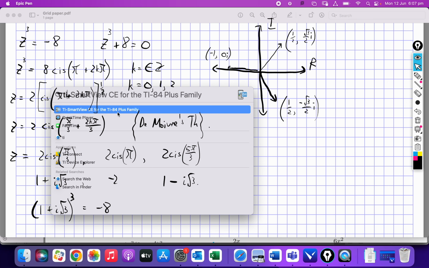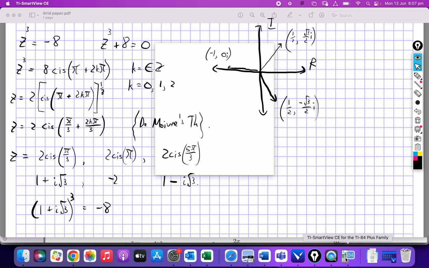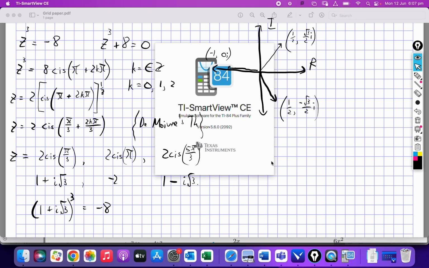Where's my calculator? I'll try the last one, 1 minus i root 3. Is this going to work? Maybe not. If not, you can do it on your calculator.